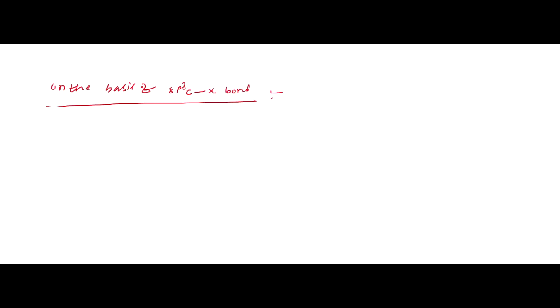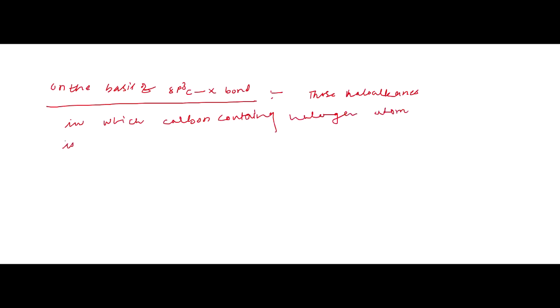Those haloalkanes in which the carbon containing the halogen atom is sp3 hybridized, or all bonds are single, are classified into three categories.